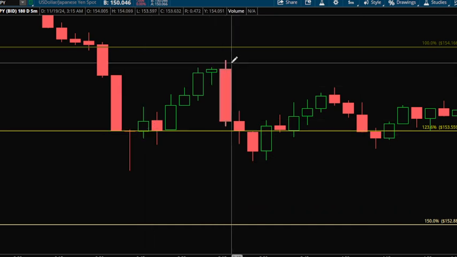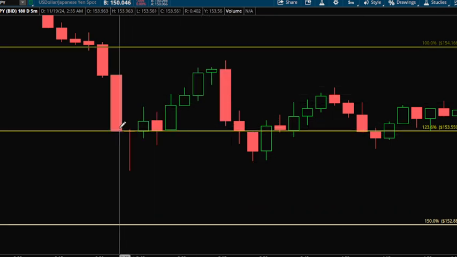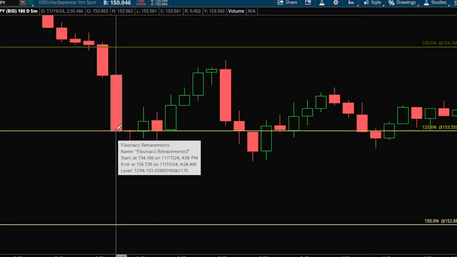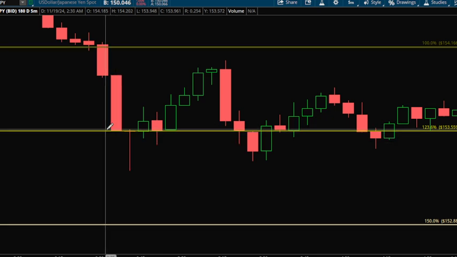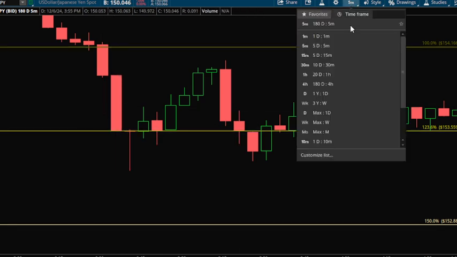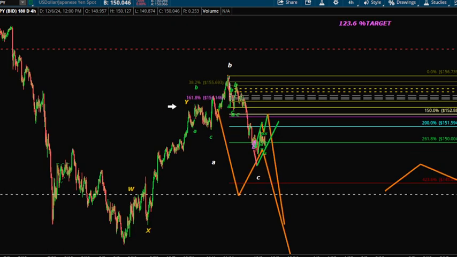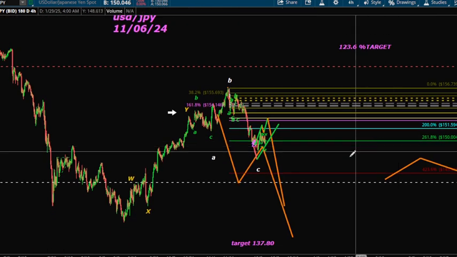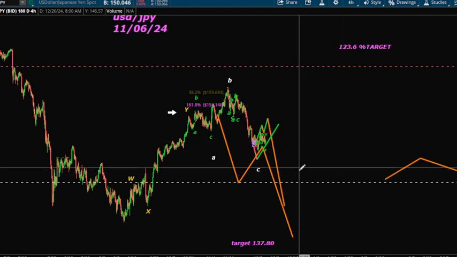Maybe I can implement it into the move here, but I still have to say that the fibs are correct where I have it. So let's go back to the 30-minute time frame. No, 4 hour, sorry. And continue on. Let's get rid of this.